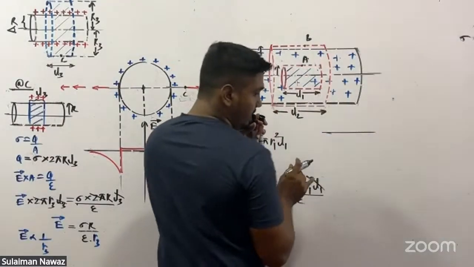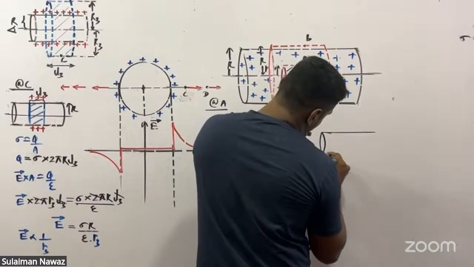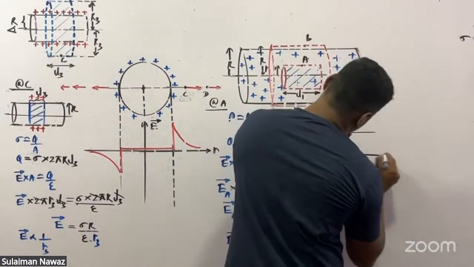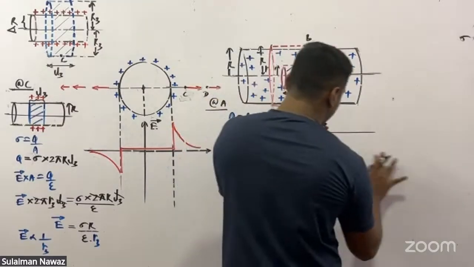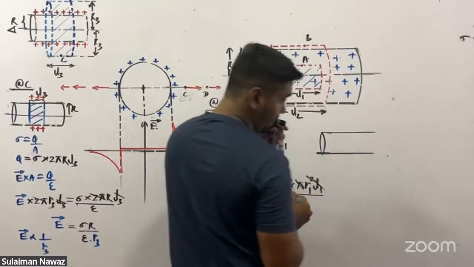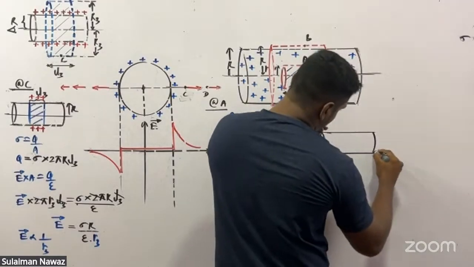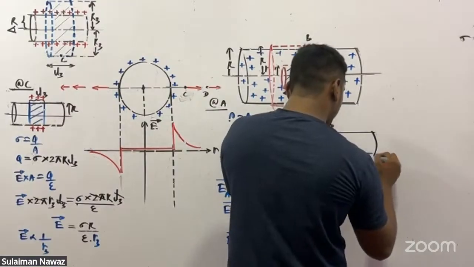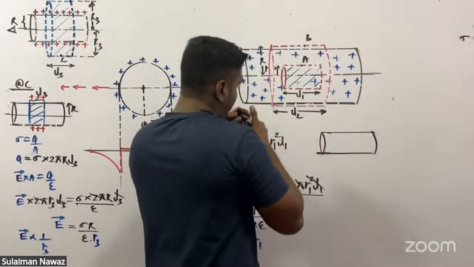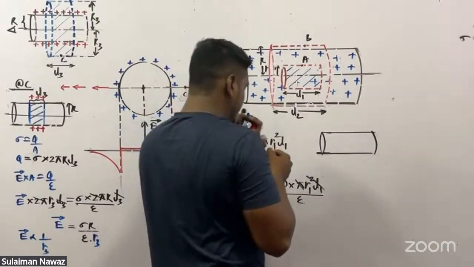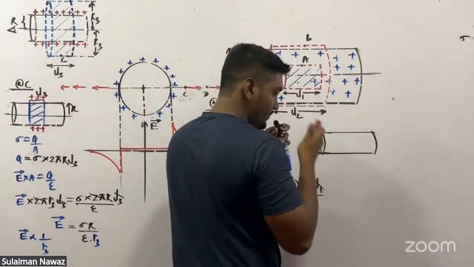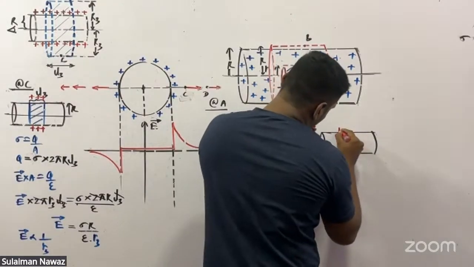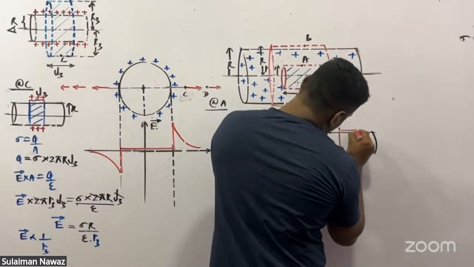This is your black color cylinder, and this is that red color Gaussian surface.